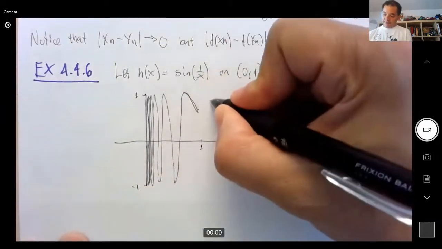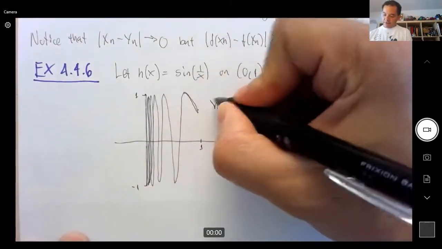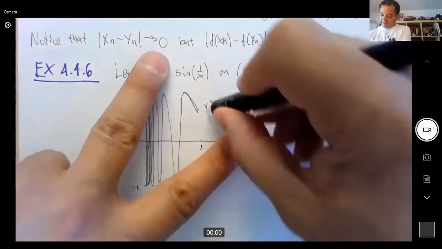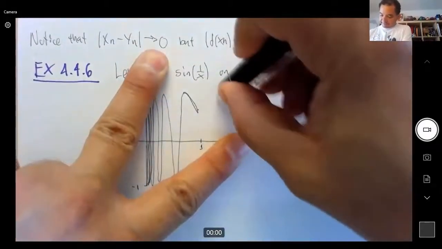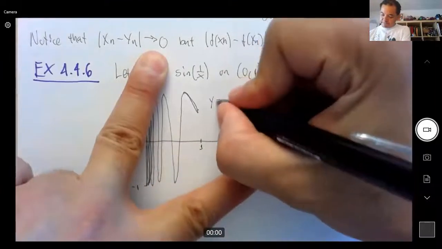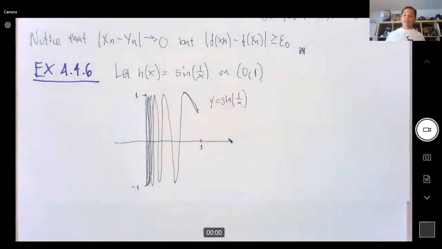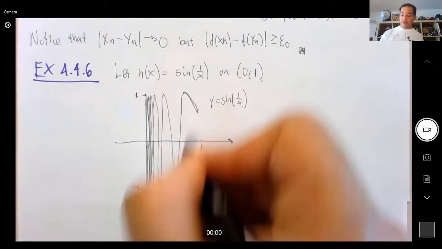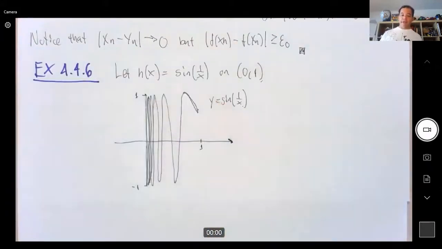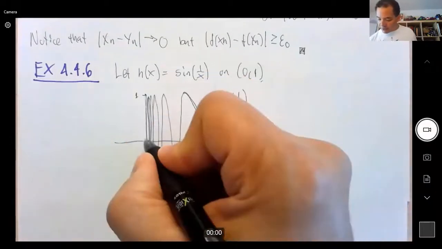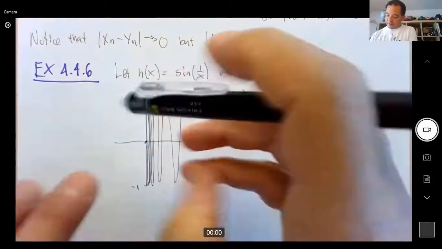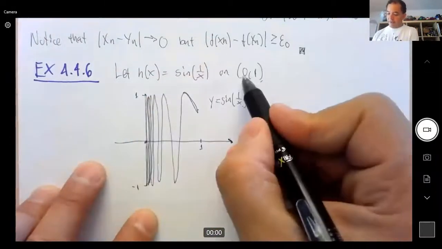So this is y equals sine of 1 over x. It is continuous, right? We can draw it without lifting the pencil from the paper. It's not going to be continuous at 0, but it's not defined at 0, it's from 0 to 1.